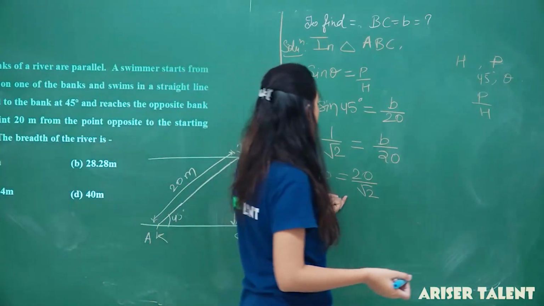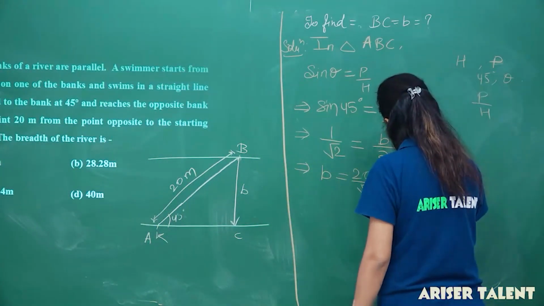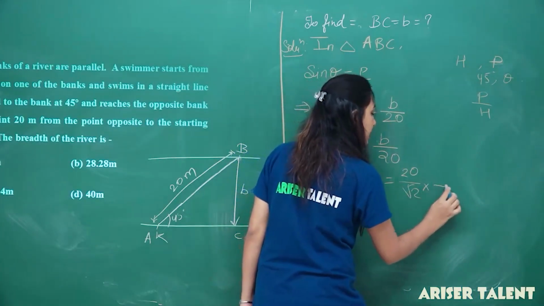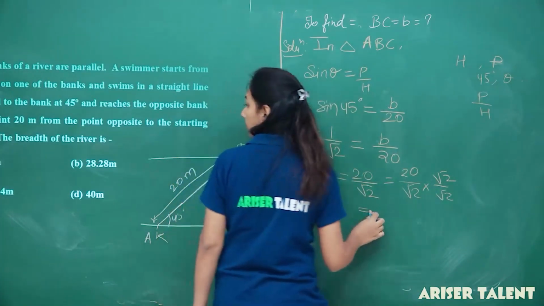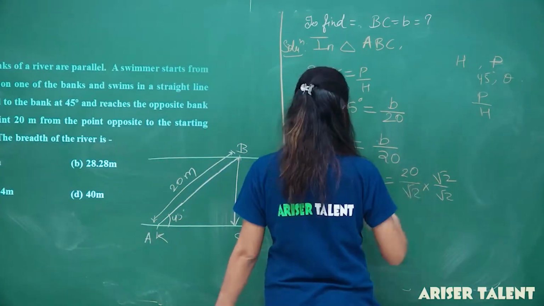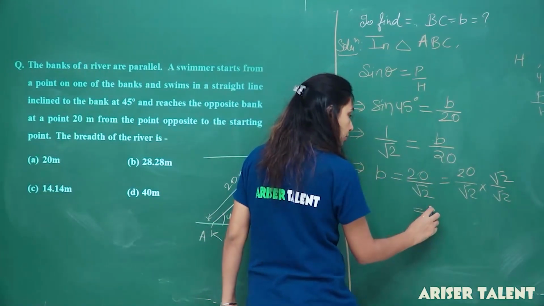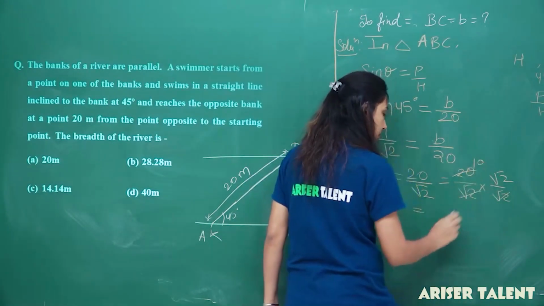You can have this value 20 by root 2, or you can multiply up and down by root 2. Because I do not have 20 by root 2 in the answer options, I will do this. So it will be 20 root 2 upon 2, so it will cancel out, 20 by 2 is 10. Okay.